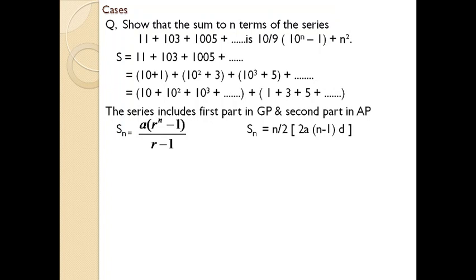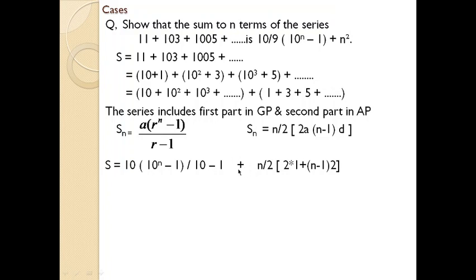By substituting the known values from the cases, we will get S subscript n equal to a, that is 10, into r, and r we know is 10, so 10 raised to n minus 1, divided by r minus 1, where r is 10, so 10 minus 1, plus.